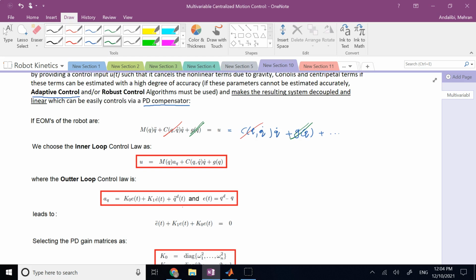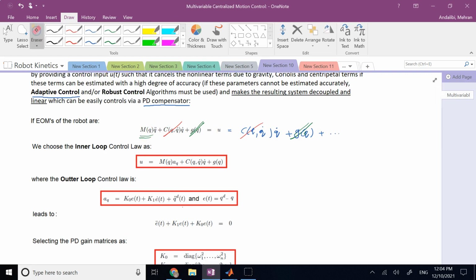Now, how can I get rid of the extra nonlinear term, which is M? Because so far, by this method, if I can calculate G and C in my controller, and if my estimations are accurate, I get rid of C and G. What about M? Because M is the other nonlinear term that I have.